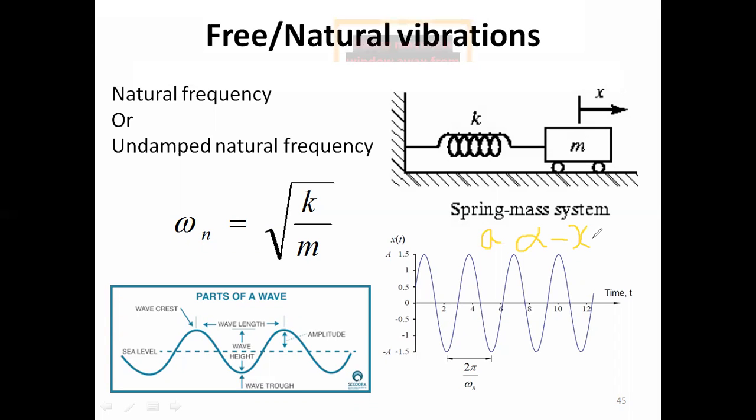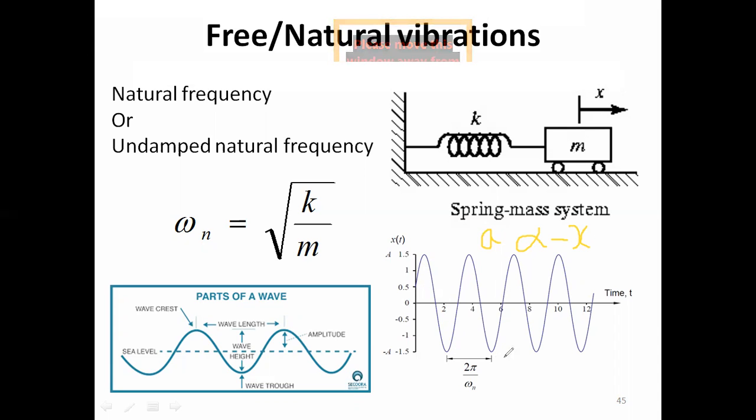Normally, in most cases, we would assume such type of vibration as simple harmonic motion. And if we want to plot it, simple harmonic motion is sinusoidal motion. So if we plot a sinusoidal motion, the plot would be like this.